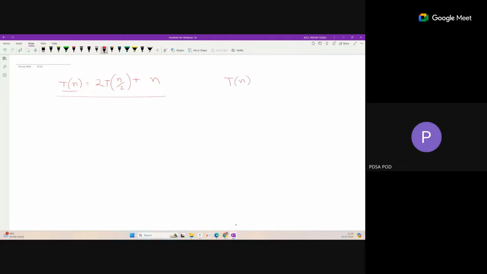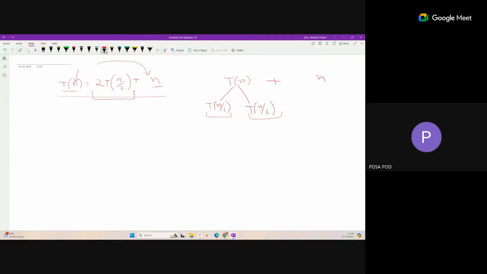Now we have two calls T(n/2), T(n/2), correct? Plus we have n time. Now this is the new problem. If you have input size n, you need n operations.